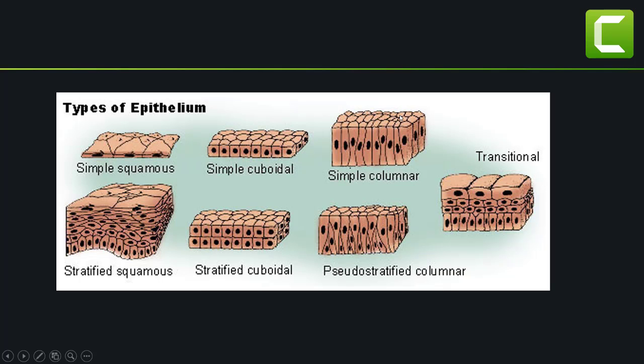The simple columnar covers the digestive system from the stomach to the rectum, meaning the stomach, small intestine and large intestine. Some have cilia, like in the bronchioles of the lung, or none.